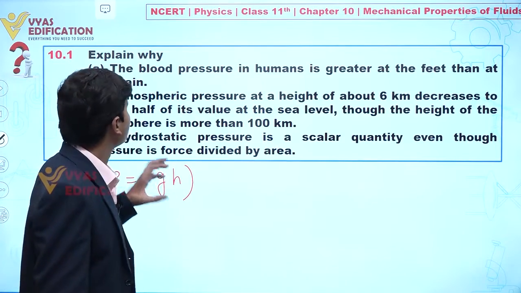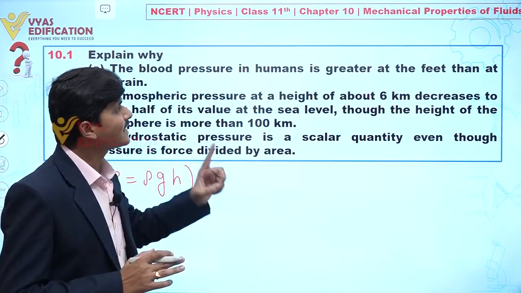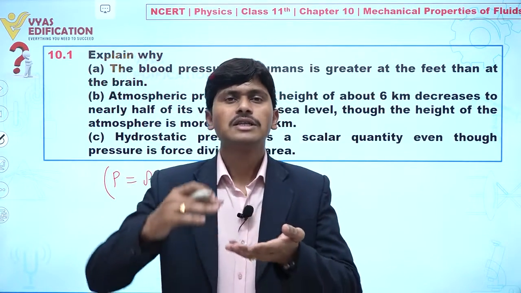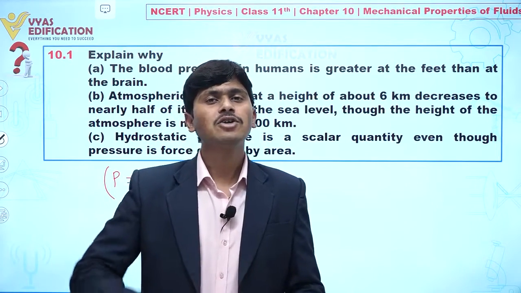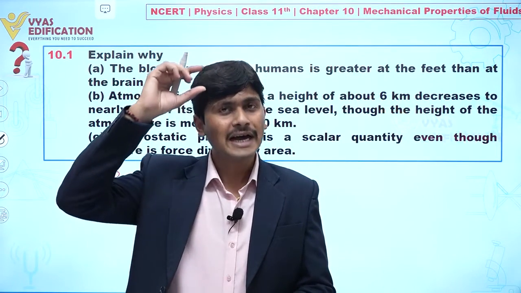So the blood pressure in humans is greater at the feet. Why? Because if we talk about the column of blood from the feet, the height of the blood column is more compared to the height of the blood column at the brain.